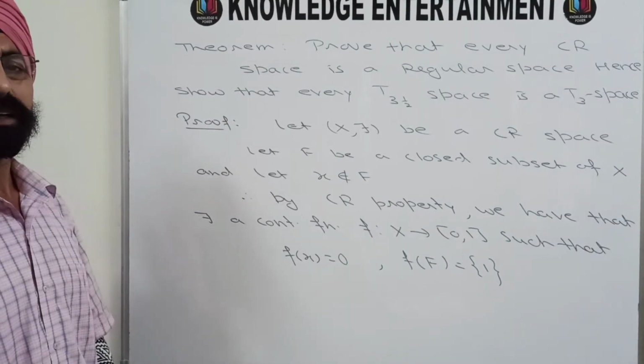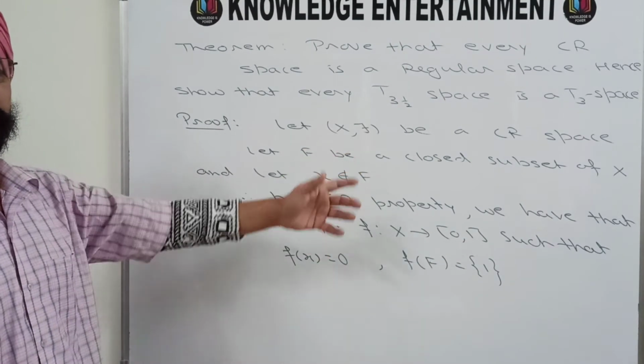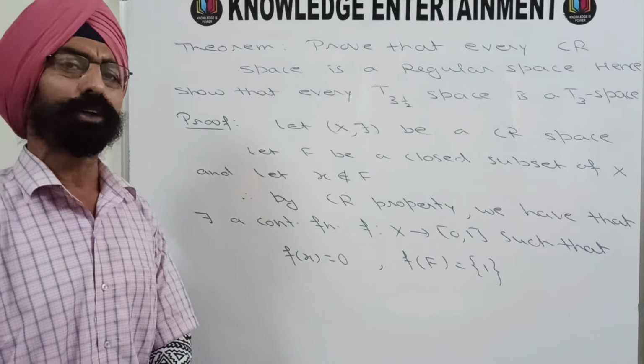Here we have used the property that the topological space (X, tau) is given to be completely regular.